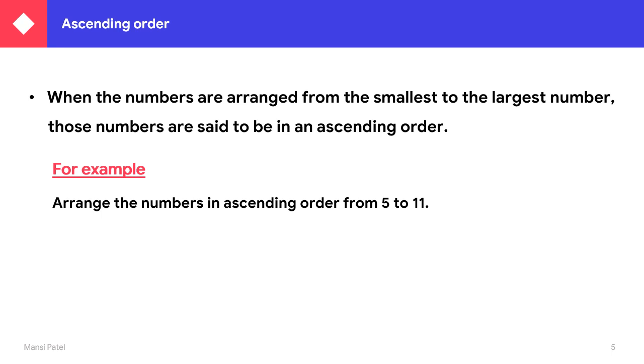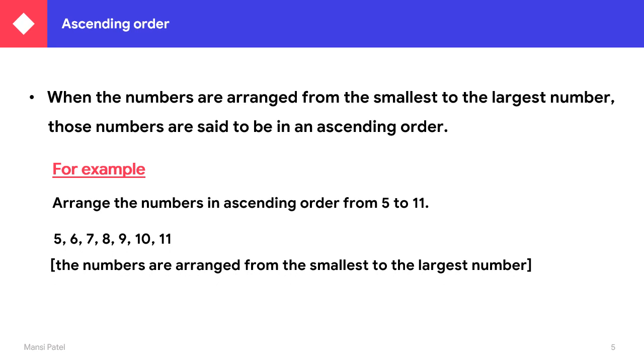From all these numbers, which is the smallest number that you have to write down first? So you can write down like this: 5, 6, 7, 8, 9, 10 and 11. The numbers are arranged from the smallest to largest number. You see here, 5 is the smallest number, whereas 11 is the largest number. So another name for ascending order is increasing order.